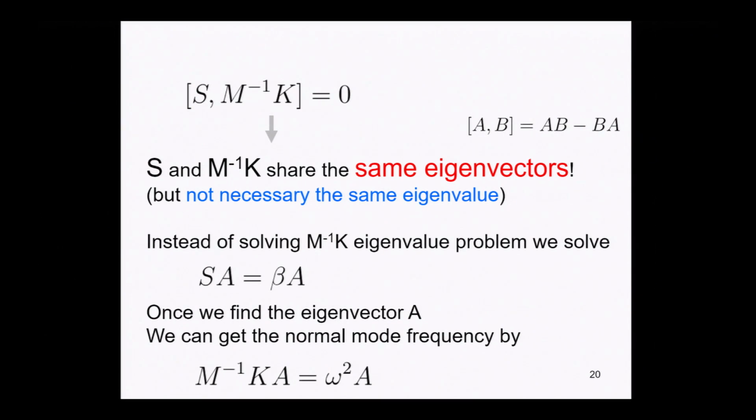If we calculate the commutator of S and the M^-1 K matrix and get 0, that means they commute, and the consequence is that the S matrix and the M^-1 K matrix share the same eigenvectors.